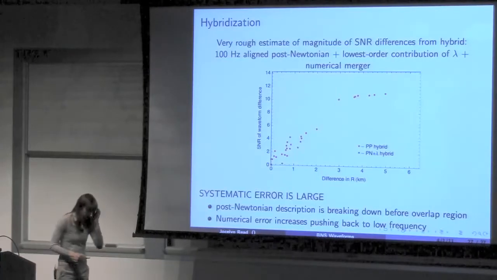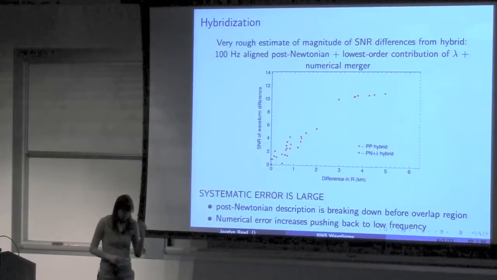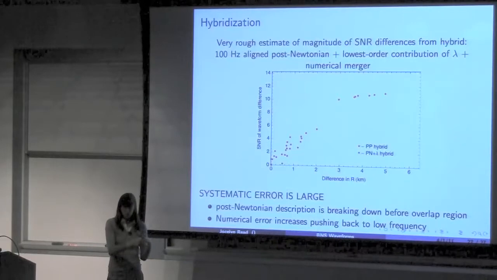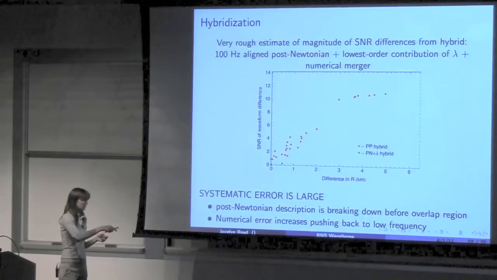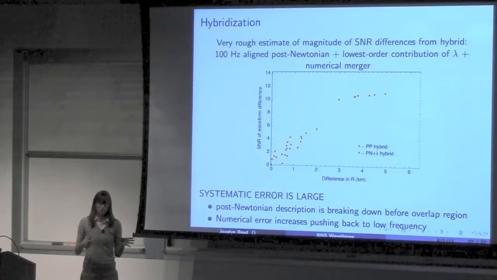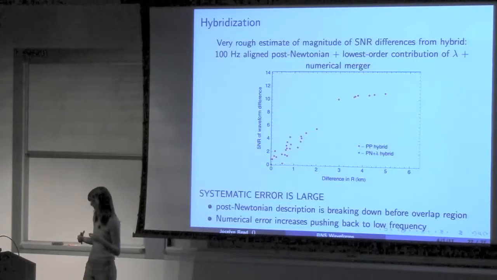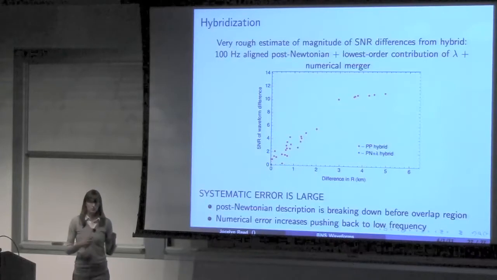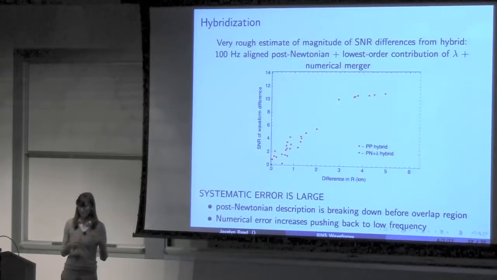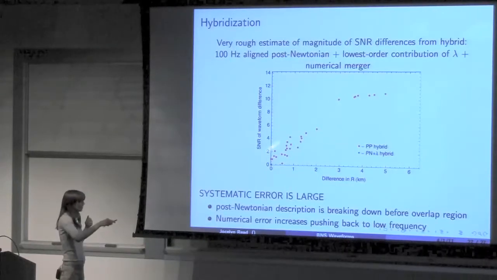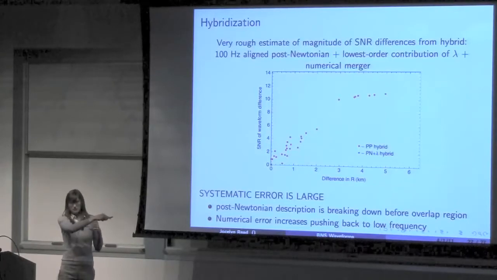And then of course you ideally want to have some region of robust overlap where you can confirm that the two methods are describing the same system, which we do not yet have. And numerical error increases going back to lower frequency. So this takes some delicacy and making sure you do all the numerical waveform extraction things properly. Which this, by the way, does not do.